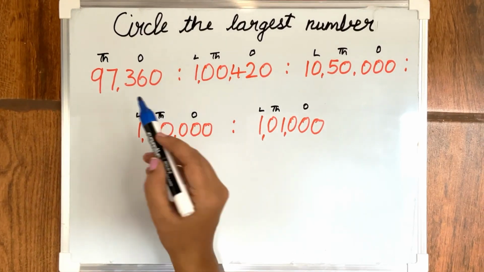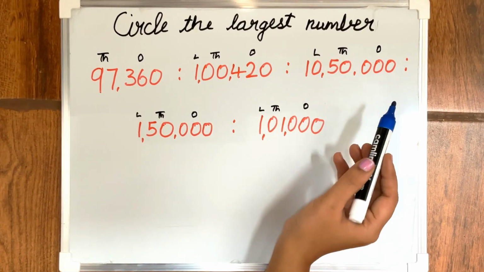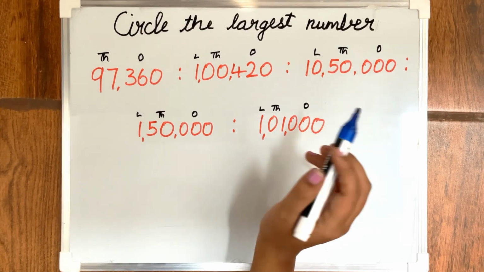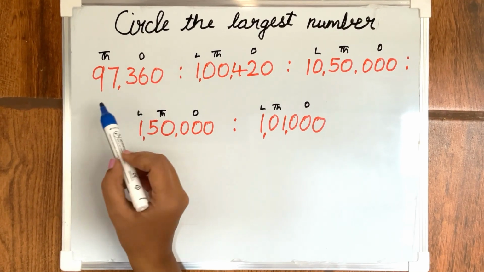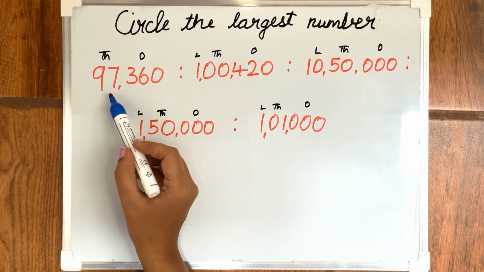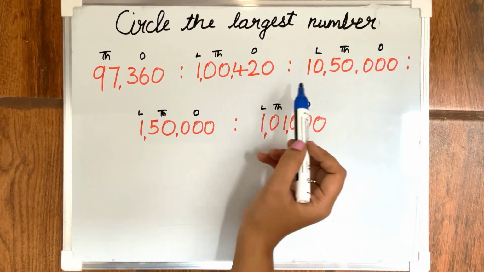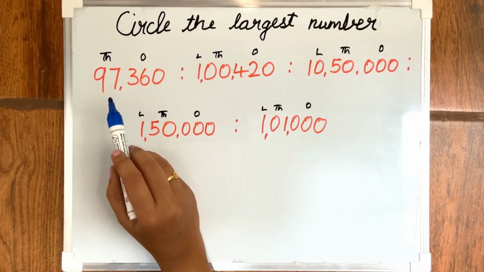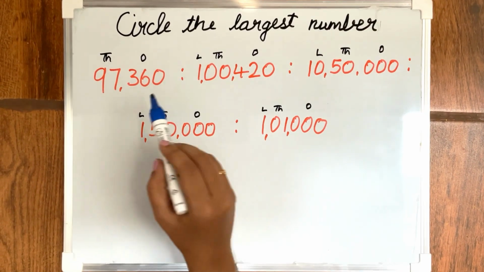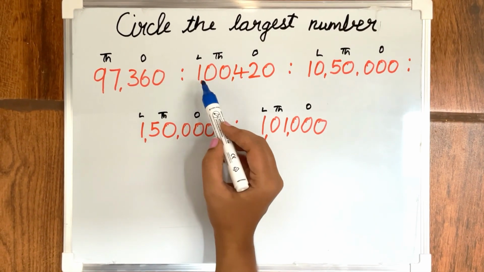If you start comparing between the periods, it will be easy for us to answer these questions. So let's start with the periods. In the first number we are not having lakhs, whereas the other numerals are having lakhs. So obviously this will not be the largest number among all others. So we will go for the next numeral.